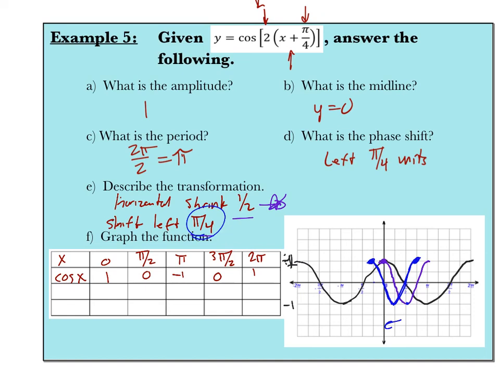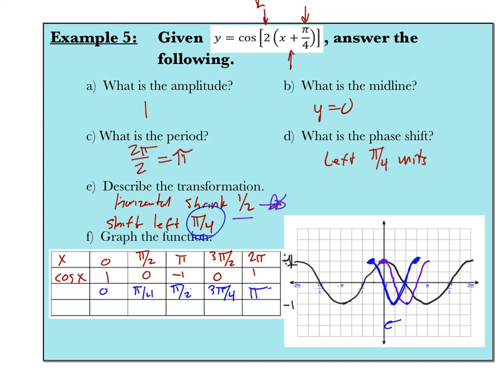So basically my new function is going to be 0, pi over 2, pi, 3 pi over 2, and 2 pi. Oh wait, that's the ones I had before. What I want to do is cut everything divided by 2. So this becomes 0, pi over 4, pi over 2, 3 pi over 4, and pi.